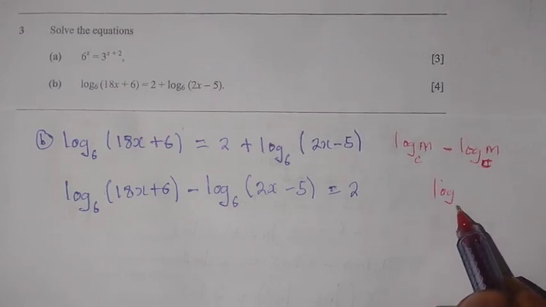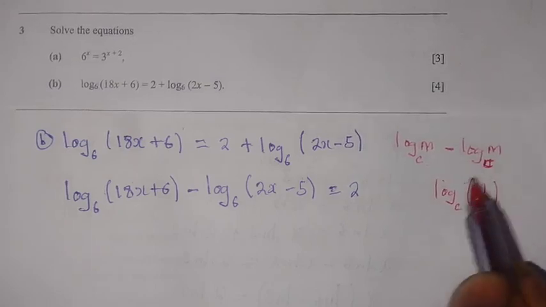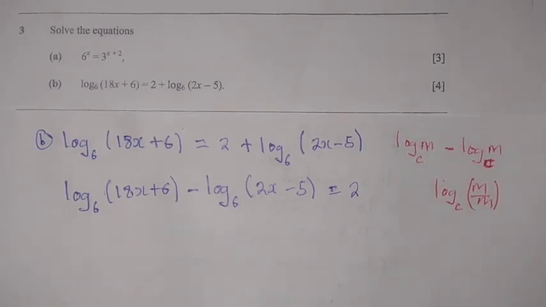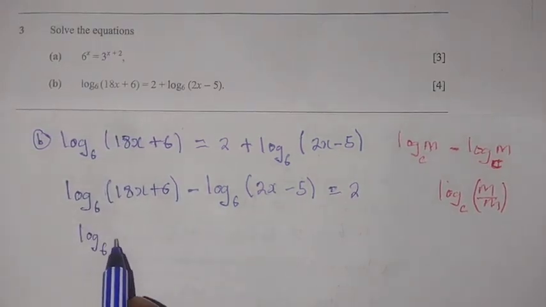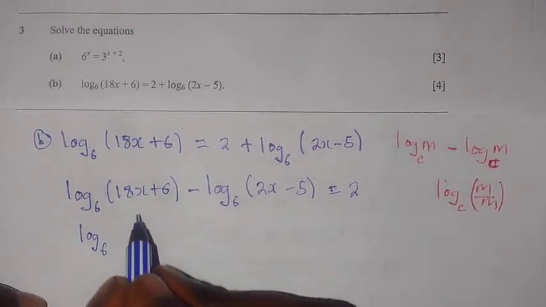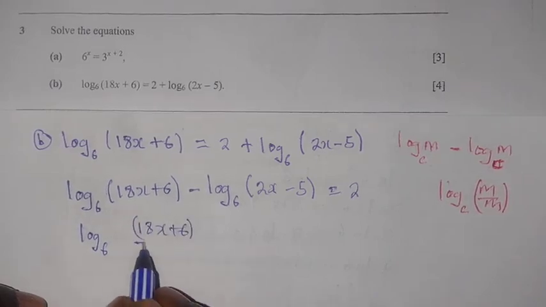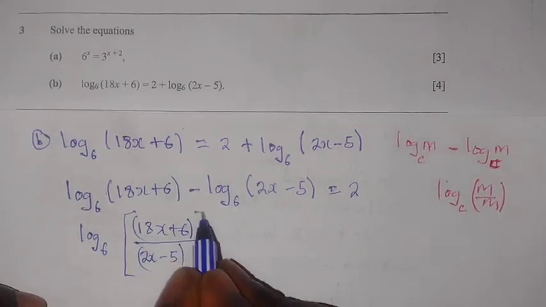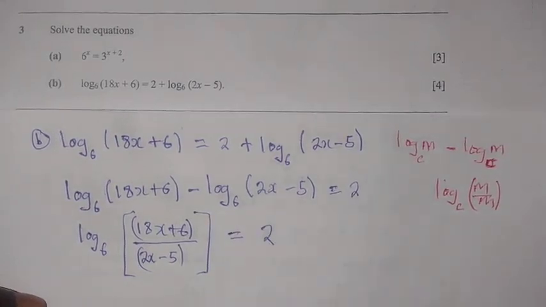So you say log the base of c, then m divided by n. The same principle is what you are going to use on that side. So here we'll say log the base of 6, 18x plus 6 over 2x minus 5. Okay, I hope this is clear. Then equal to 2. This is what you get.